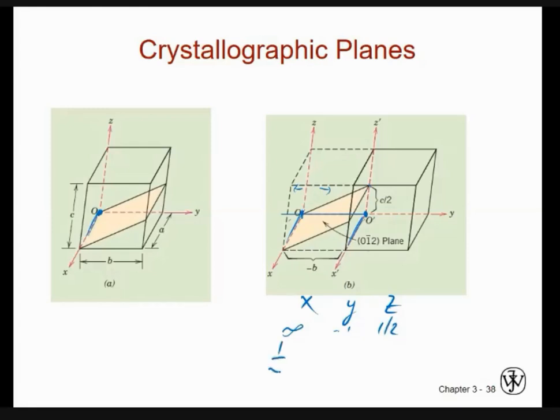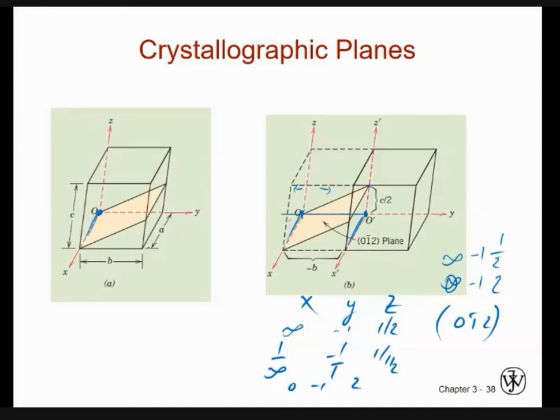Take the reciprocal, it will be 0, -1, 2, and I can enclose it in brackets like this, and that's it. If I try to draw it again, let me see if I did it right or not. So 0, -1 and 2, reverse it to infinity, -1, 1/2.